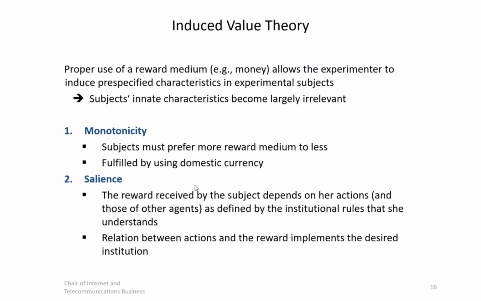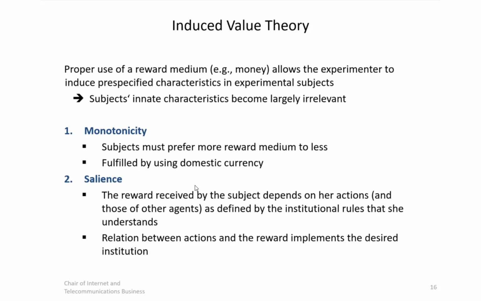In induced value theory, it's important to have a proper use of a reward medium, especially money, which allows us to incentivize the player to behave in a certain way. This allows the experimenter to induce pre-specified characteristics in experimental subjects, and subjects' other characteristics might become largely irrelevant.